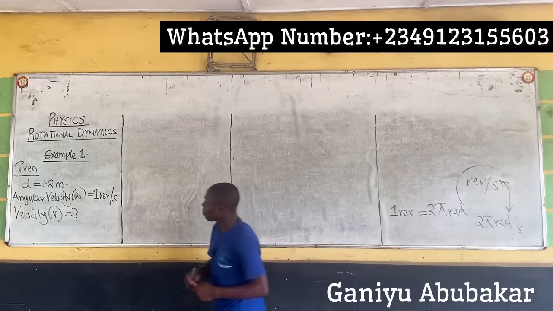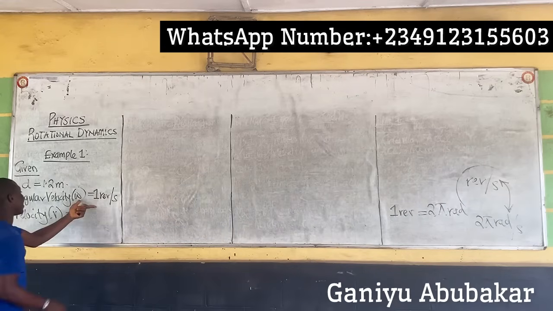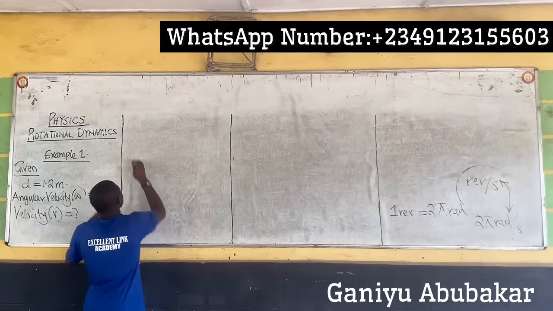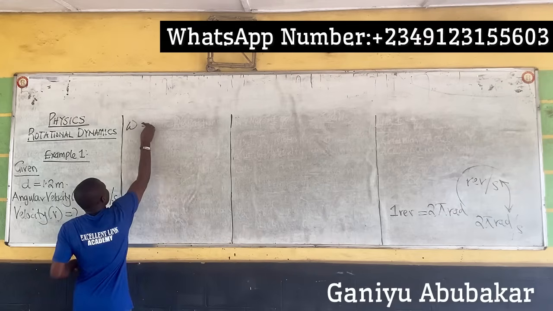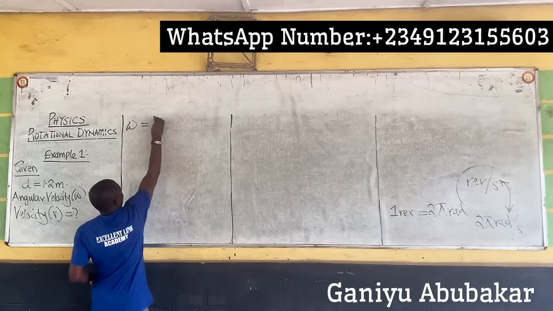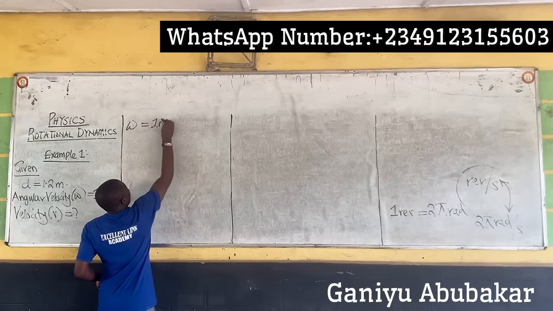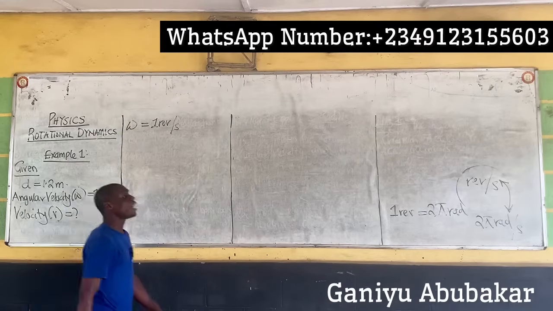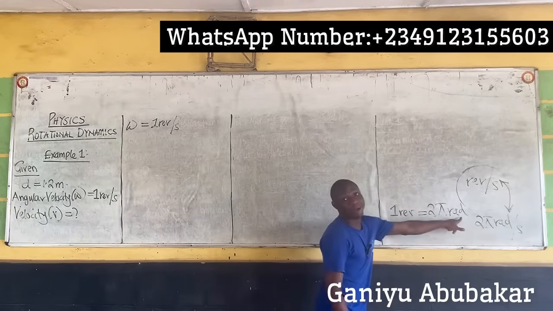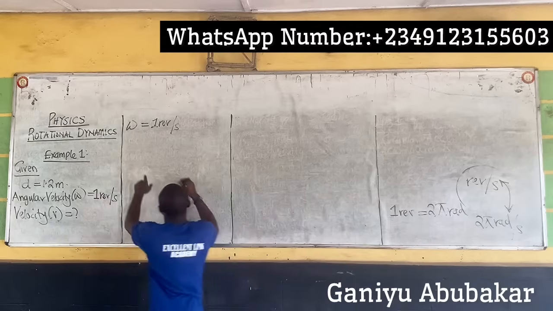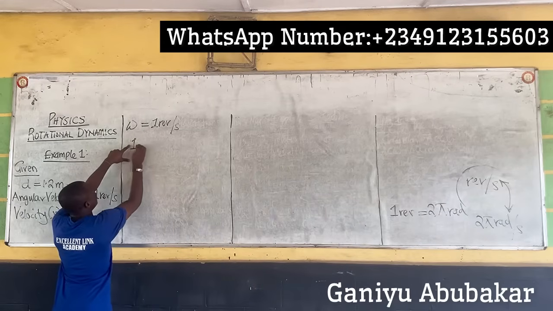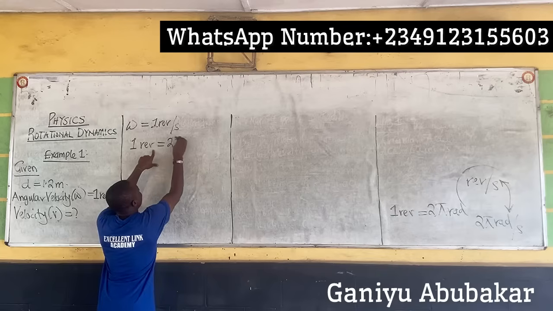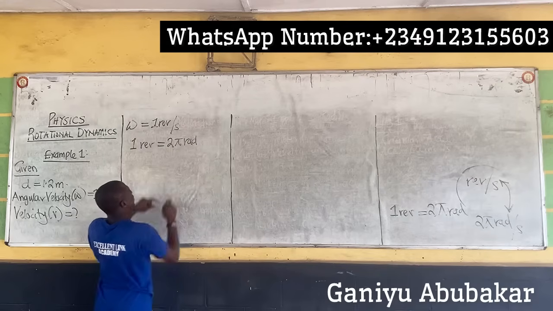So first, I will have to convert my angular velocity. My angular velocity, that's omega, was given in the form of 1 revolution per second. What do we know? We know that 1 revolution is 2 pi rad.